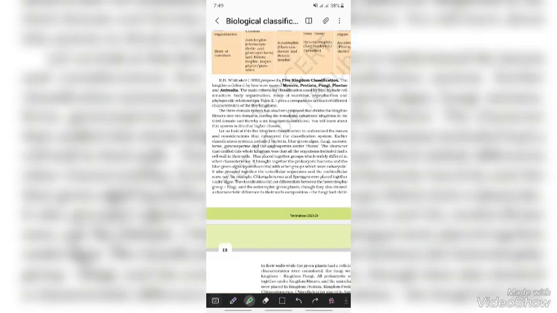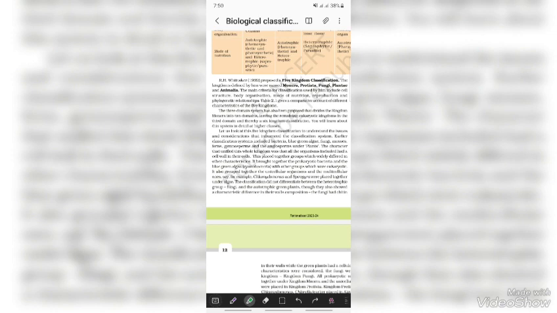R. H. Whittaker, in 1969, proposed a five kingdom classification. The kingdoms defined by him were named Monera, Protista, Fungi, Plantae, and Animalia. The main criteria for classification used by him include cell structure, body organization, mode of nutrition, reproduction, and phylogenetic relationship.